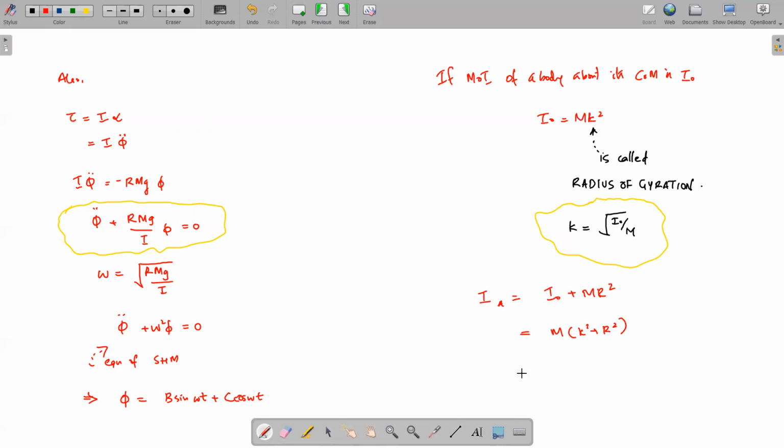Here omega then becomes equal to root of r g divided by k square plus r square.